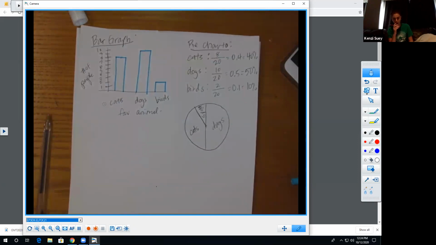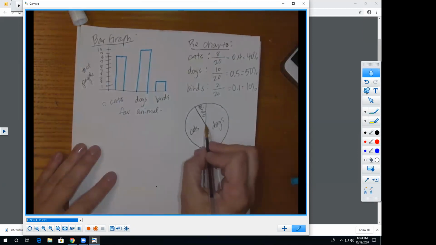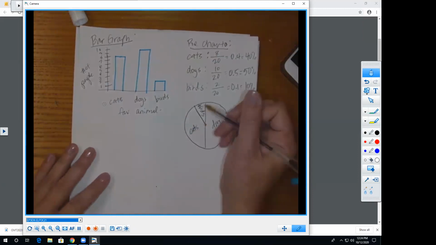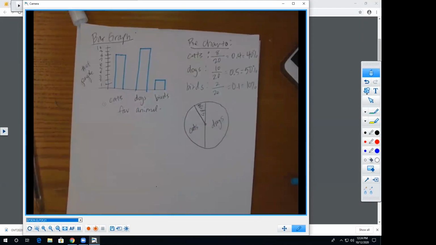Does the pie chart have to be exact, like perfect? No, but if you put it right here as cats, obviously that's not 40%. But just as long as it looks pretty close to good, then you're fine. Okay.